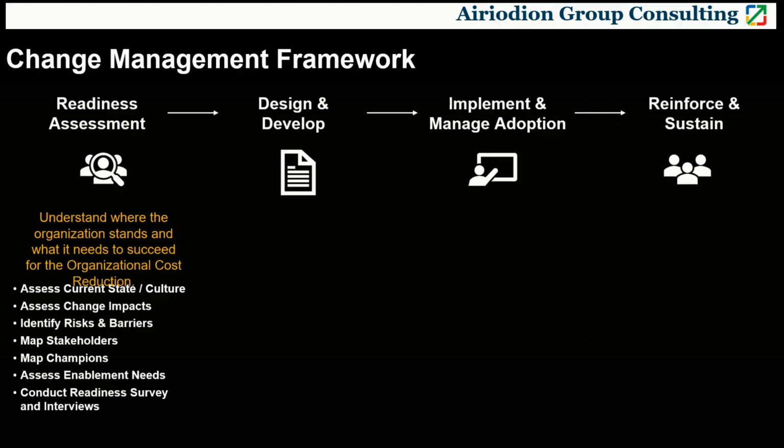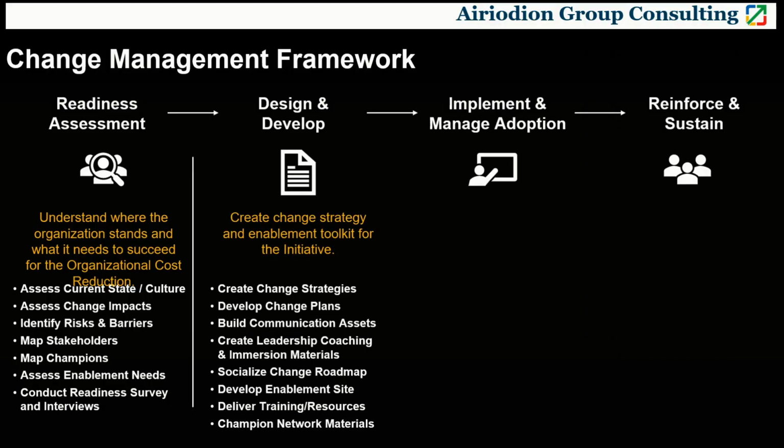So I normally start by doing the change readiness assessment to really see how ready the organization is for the cost reduction and optimization program. And then during the design and develop phase, I built the change strategies, the change management plans. I create communication assets, engagement assets. I create decks and other resources.